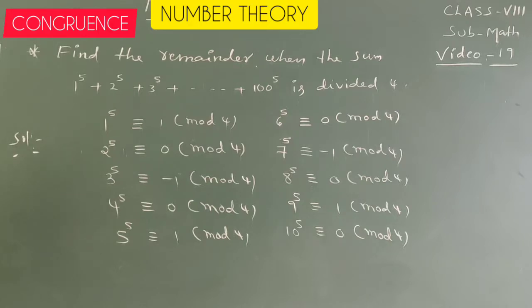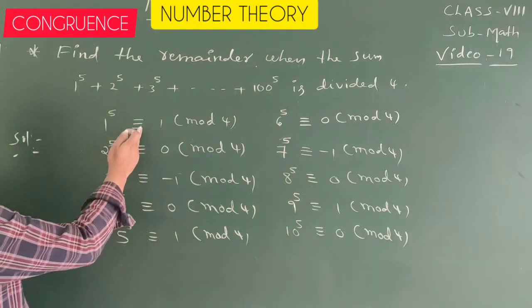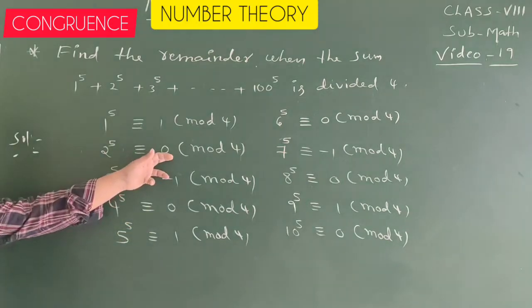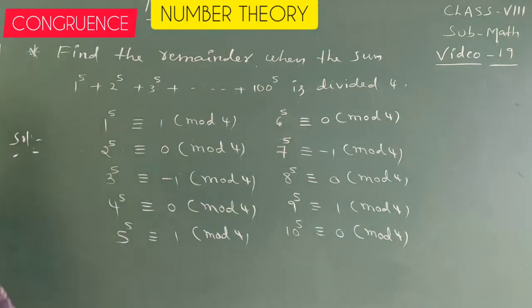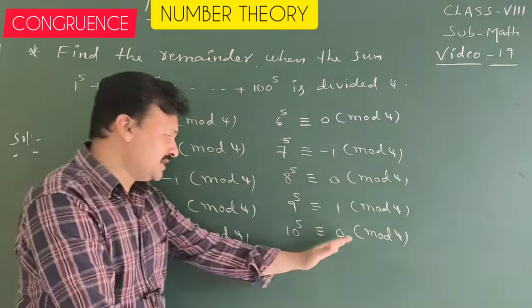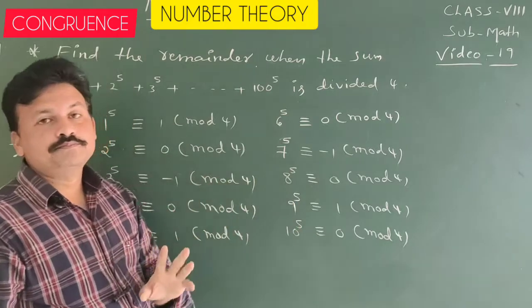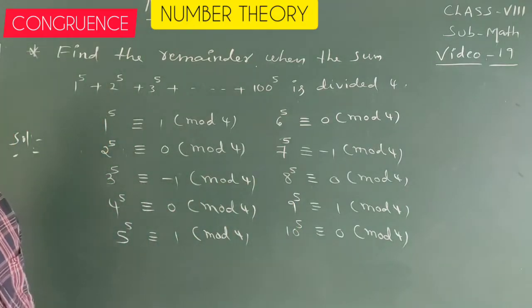So clearly, if you observe, for every even number you will get 0. Out of 100 numbers, you will get 0 fifty times.